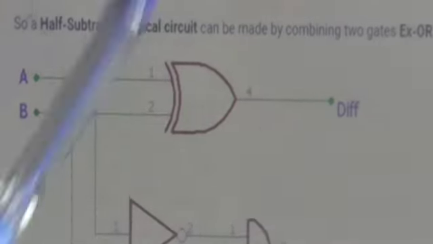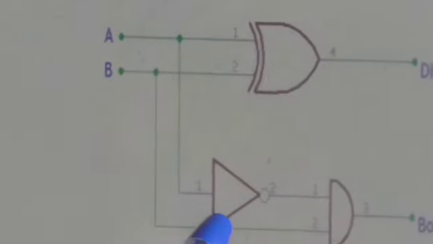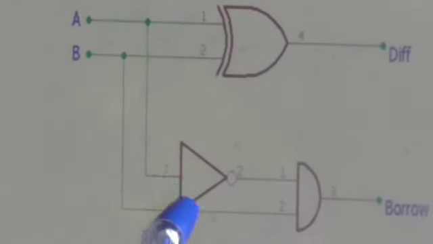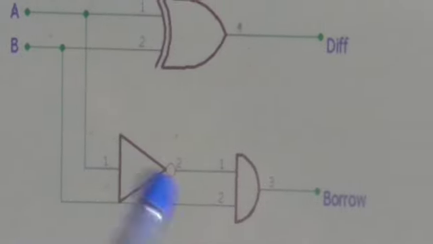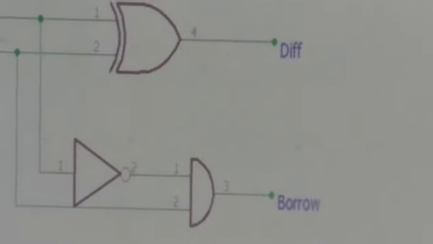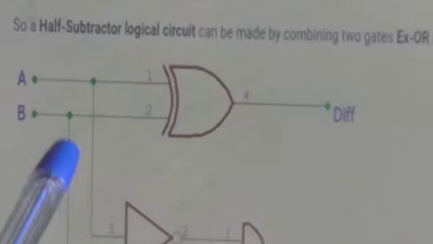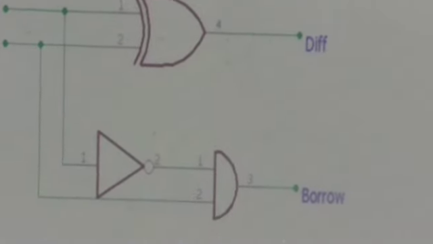Now input A is connected to the NOT gate first, and the output produced by the NOT gate is connected as one input of the AND gate. Clear? And input B is directly connected to the second input of the AND gate.